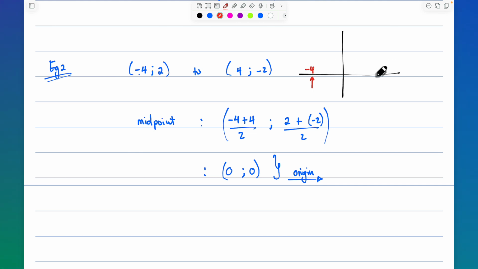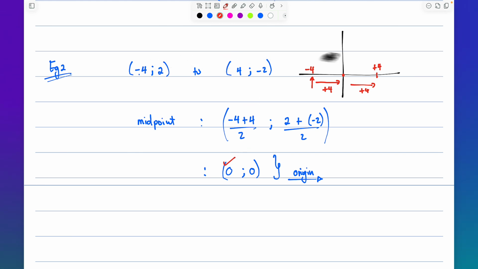You move up until you get to positive 4, right? What is the midpoint? The midpoint you can see here is actually 0, because you move 4 units this side, and then you're also going to move another 4 units this side. The halfway point of that is the first 4 units, which you reach once you get to that y-axis. So this for me makes sense.